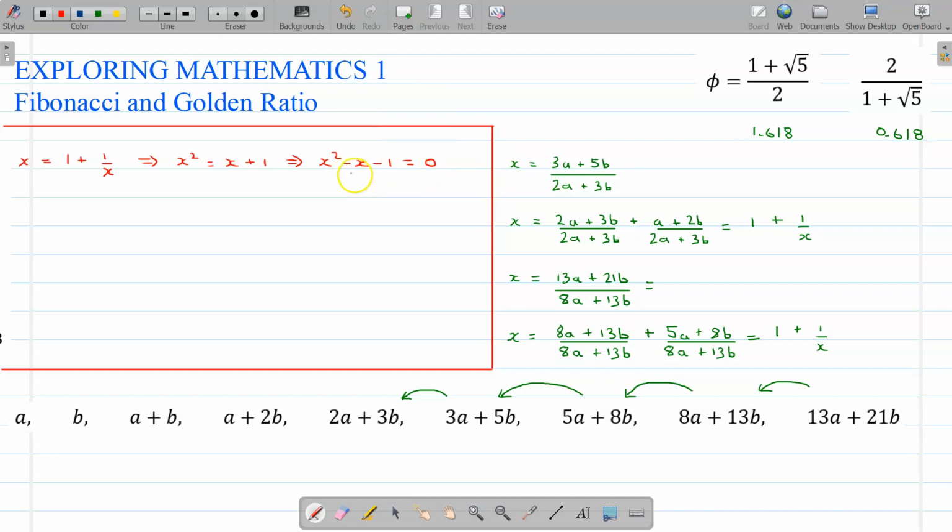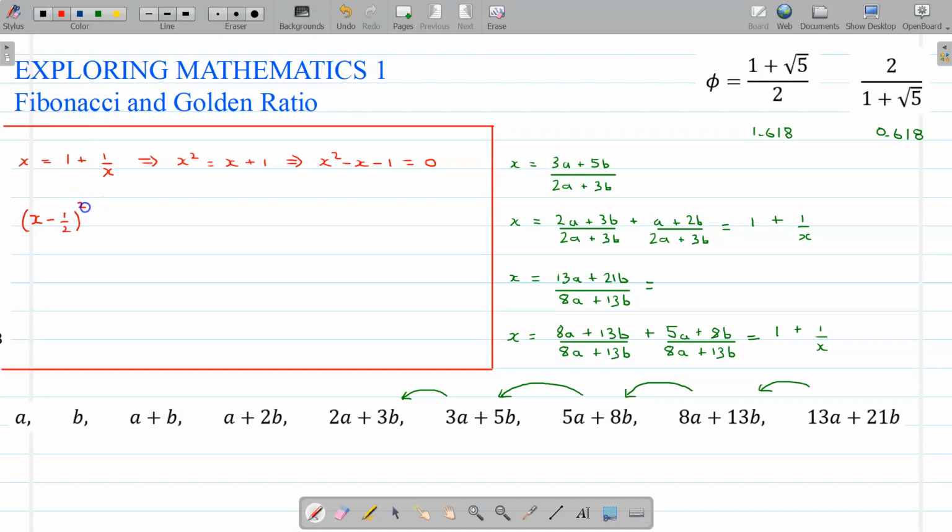Now we're going to solve this using a method called completing the square. And what I'm going to do is halve the 1 in front of the x. This is x squared minus 1x. So I'm going to do x minus a half, and I'm going to square it. Okay?